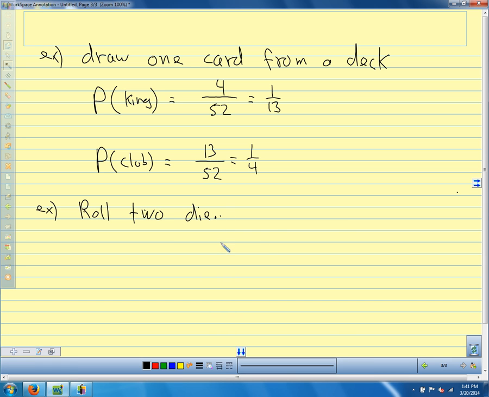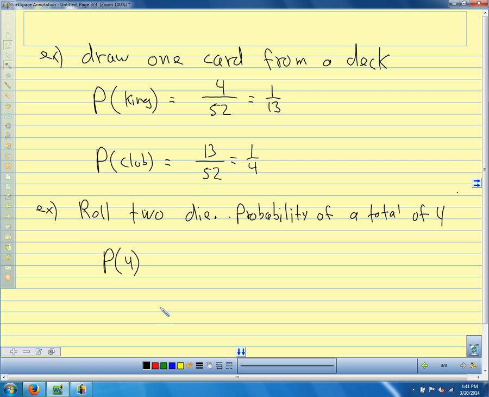So we roll 2 6-sided dice. We want the probability of a total of 4. So we add the two numbers that come up, and we want the probability of 4.